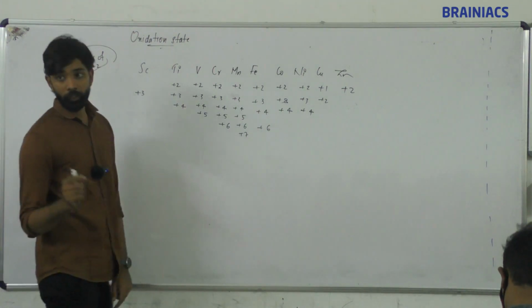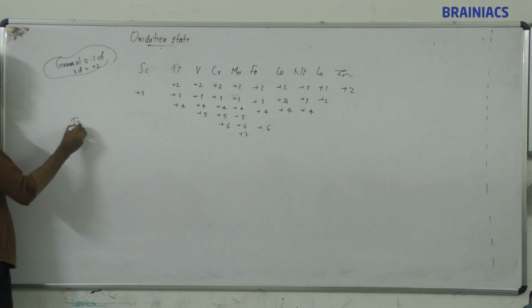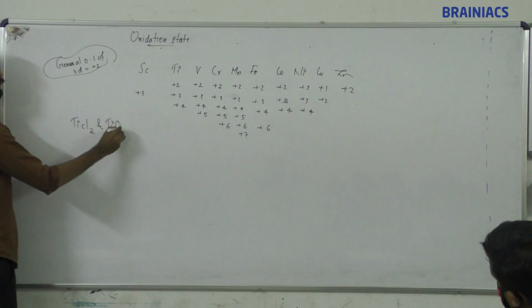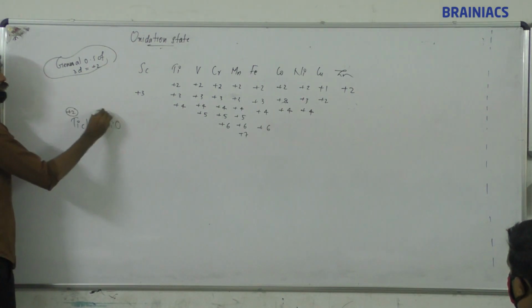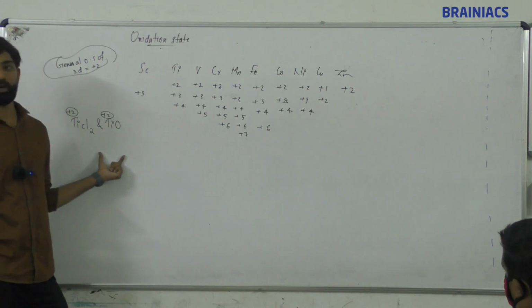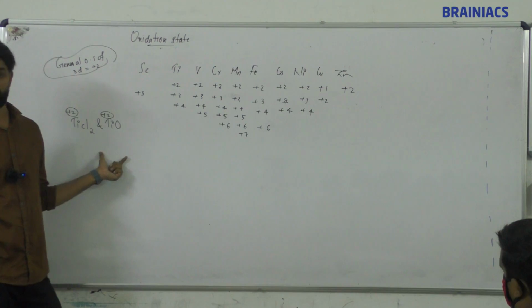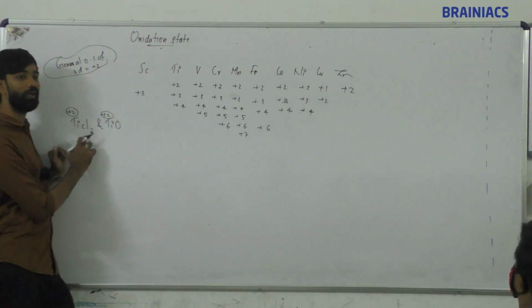Next point: if a metal is in a lowest oxidation state, listen, titanium chloride and titanium oxide, where titanium is in +2, these compounds are mainly ionic, moreover basic.